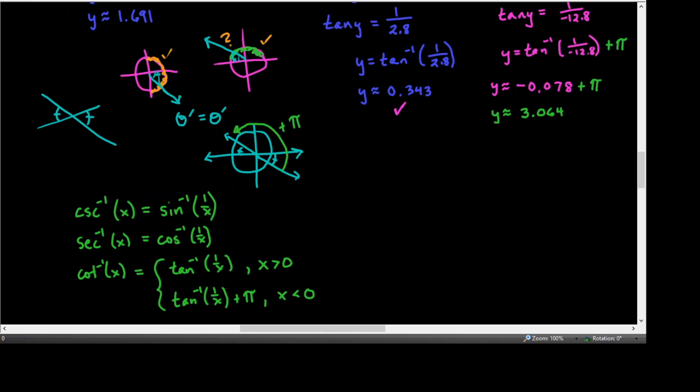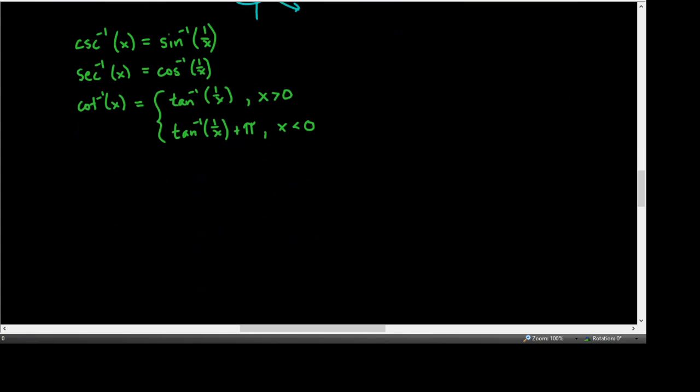All right, so let's do some problems where you're going to be using this. So I'd like for you to try all of these on your own and see how you do. Find y when y is cotangent inverse of -5.